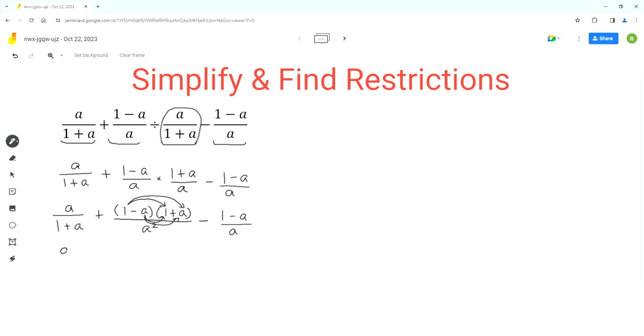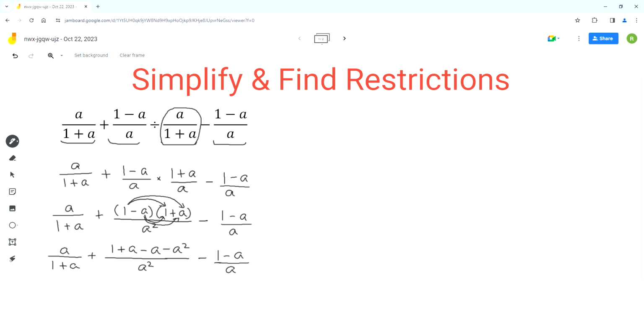So we get a over 1 plus a, then plus, in the numerator we get 1 plus a minus a minus a squared. So negative a times positive a is negative a squared, over a squared. The fraction stays the same, and then the 1 minus a over a fraction stays the same.